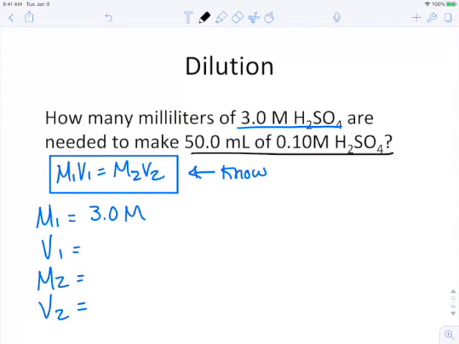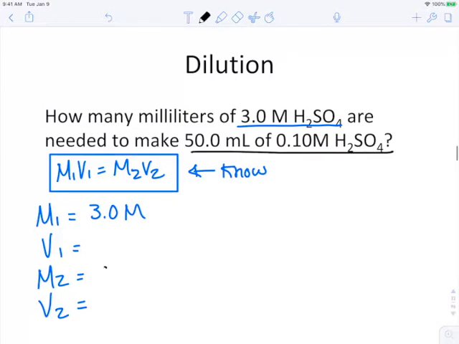And then down below is what we're going to make. This is kind of the product, afterwards. I'm going to use these as my M2 and V2. So M2 is going to be 0.10 molar. That's what we want. And for the volume we want, it's going to be 50 milliliters. Any questions on how I set this up so far?